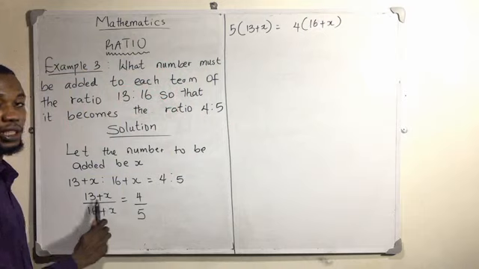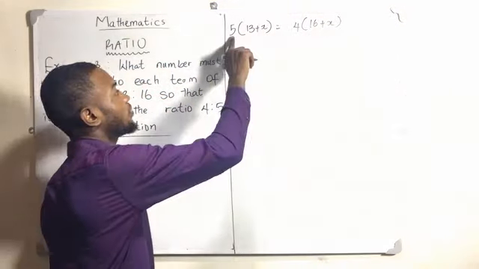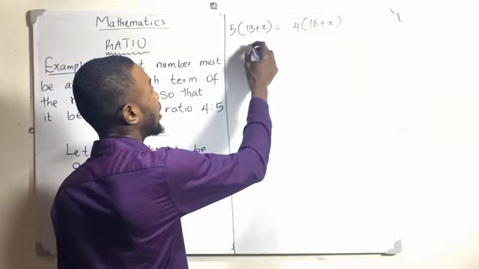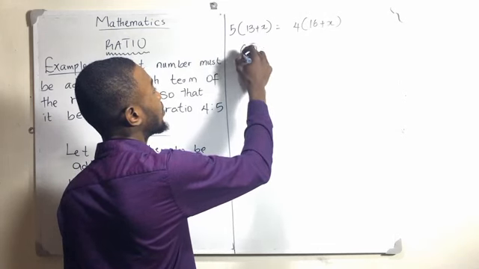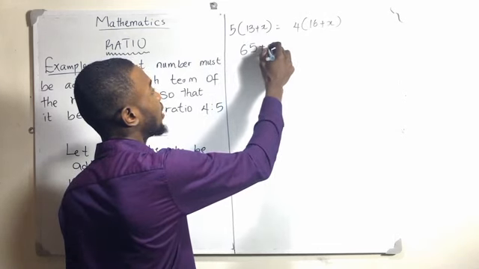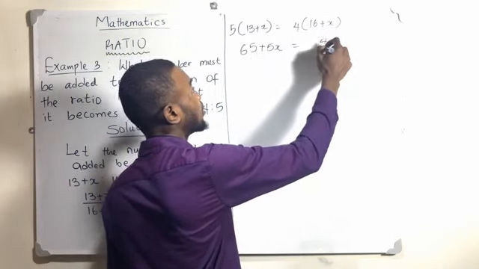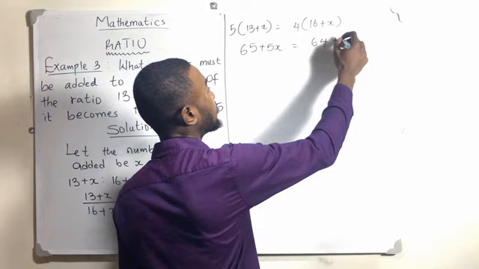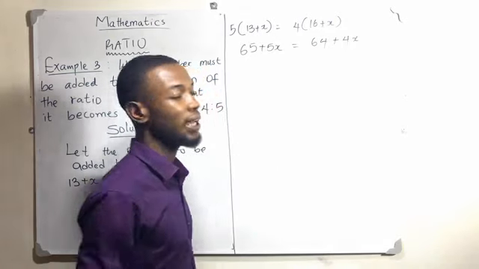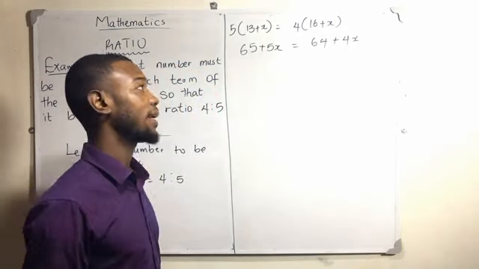Open this bracket. 5 times 13, we have 65, plus 5x, equal to 4 times 16. That's going to be 64 plus 4x. At this point, we need to collect like terms.